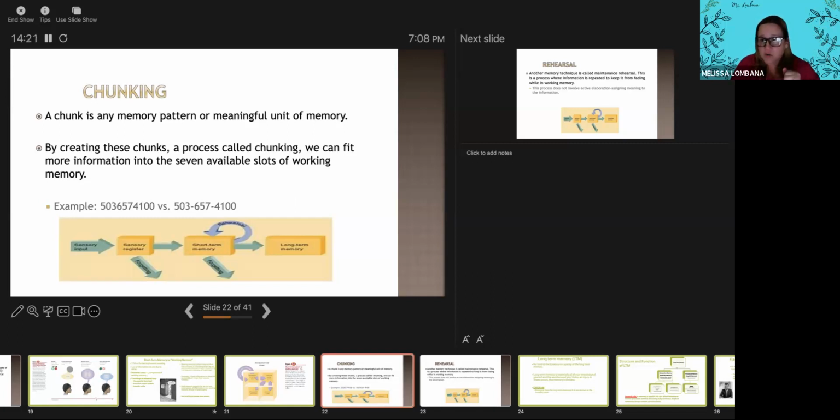When you're taking your notes, this is why it's so important to skip lines, because you want to chunk the information from, let's say, sensory memory, you want it in one chunk, then working memory, another. But if you don't put lines or space between them, your brain cannot process that, right?